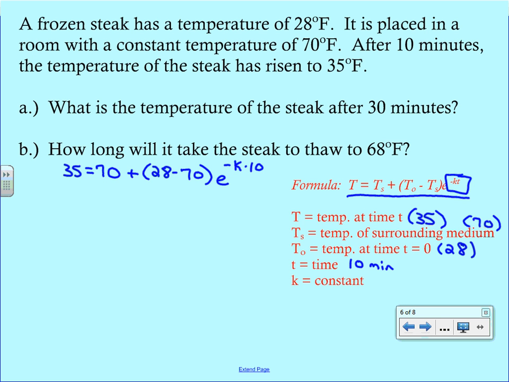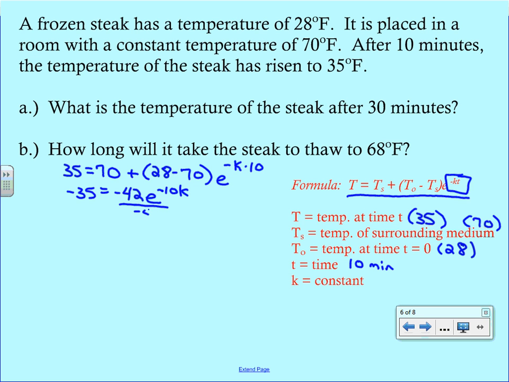As you can see, we have to do a little solving. First thing you do is subtract the 70 from both sides. So you end up with negative 35 equals negative 42, because of what's inside the parentheses, times e to the negative 10k. Before we can do anything with natural log, we need to do a little division on both sides.